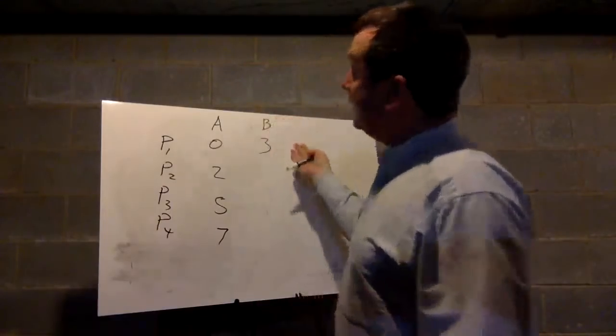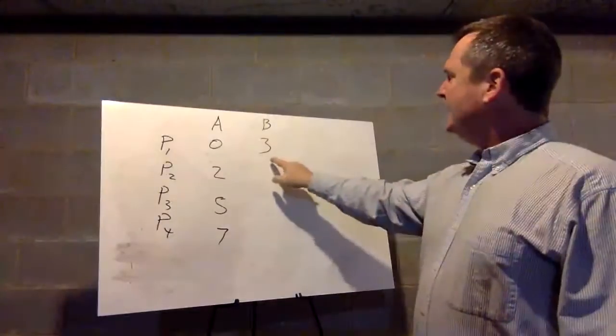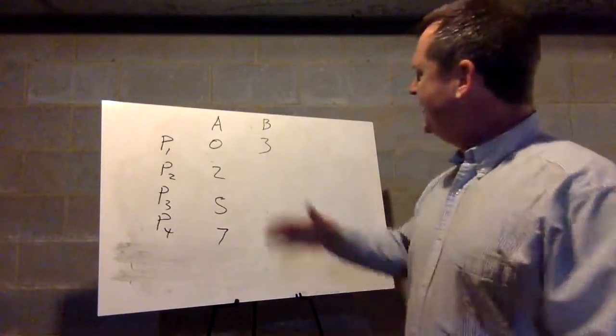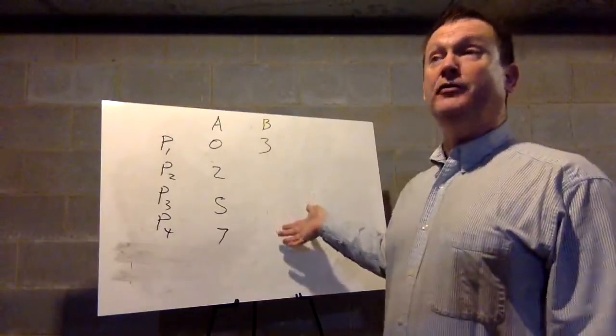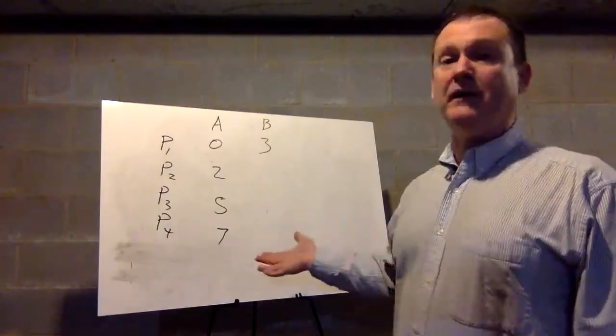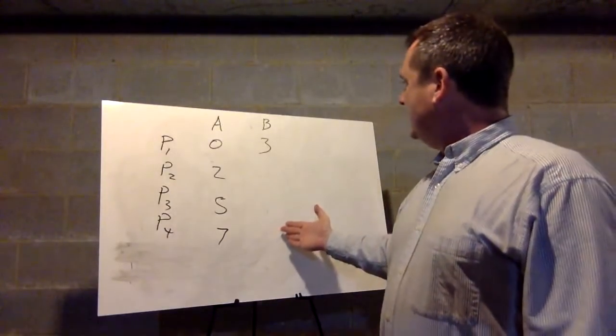So then the other thing we need to know, of course, is how much CPU time they need. This is the reason you can't really do shortest job first or shortest remaining time first perfectly, because the OS doesn't know what the next burst length is going to be.